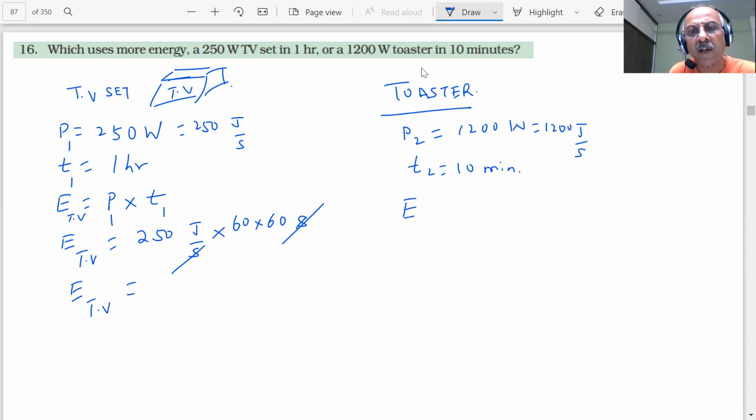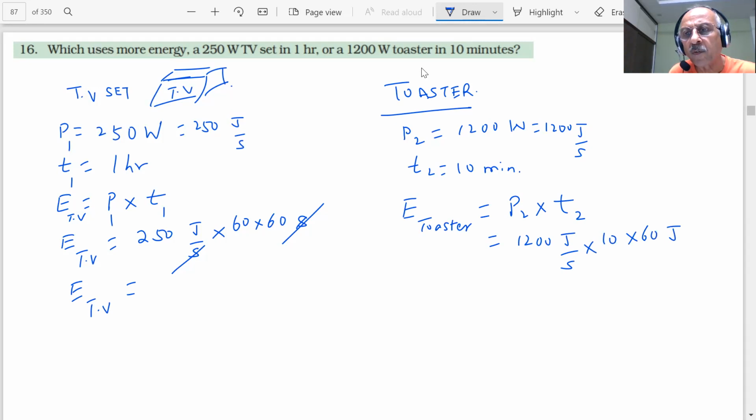Then what is the electrical energy used by the toaster? P2 into T2, student. P2 is 1200 joule per second, and time is 10 into 60 seconds. Okay?